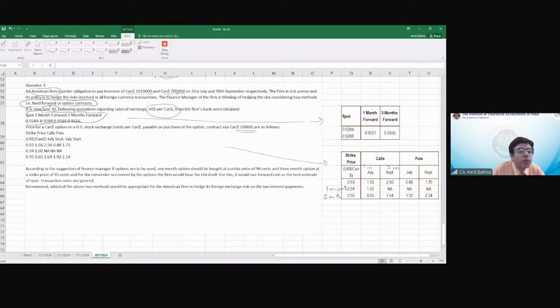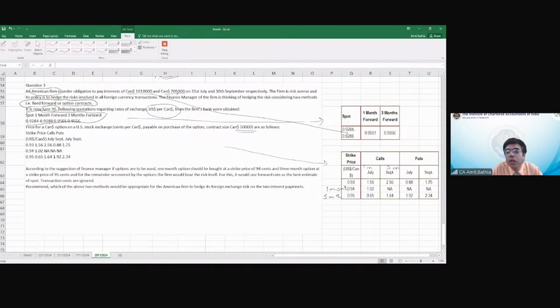So if I go for fixed forward, which is the easiest of the lot, I just have to multiply the currency that I need with the forward rate or divide by the forward rate as the case may be. So I have an obligation of Canadian dollars 10,10,000. I will convert that into a forward contract.